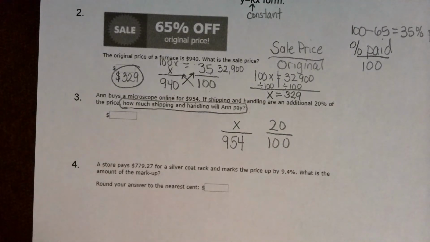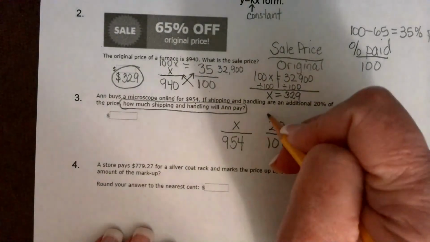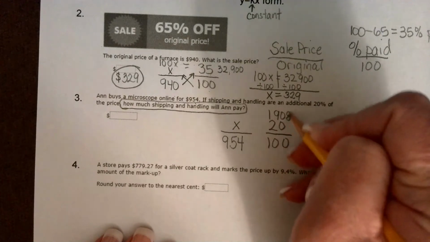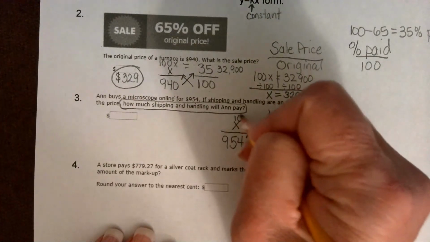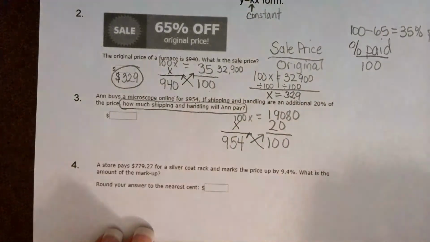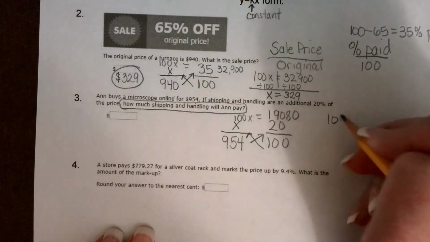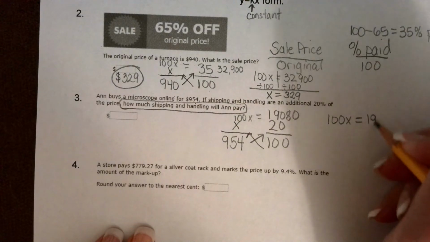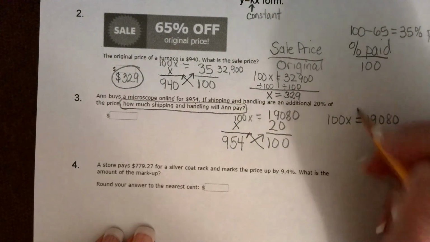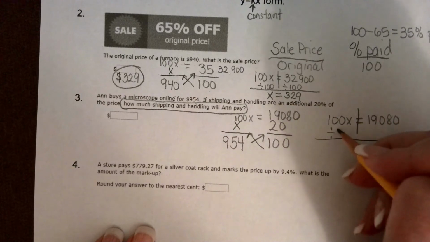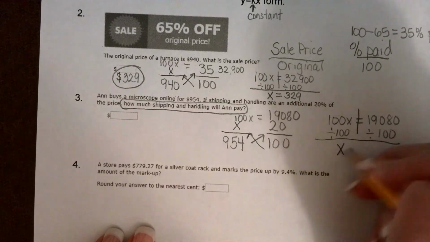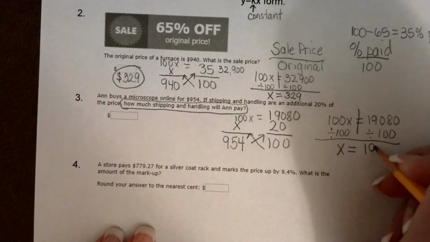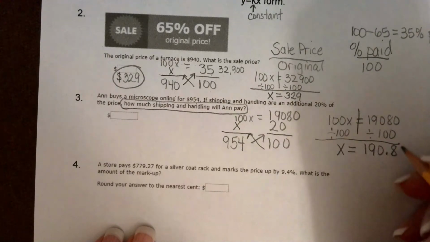So 954 times 20 is 19,080, and then 100 times X is 100X. Those two things have to be equal. So I set my equation. I divide by 100. And we've got X is equal to $190.80.